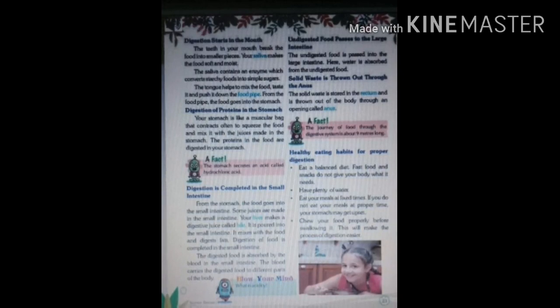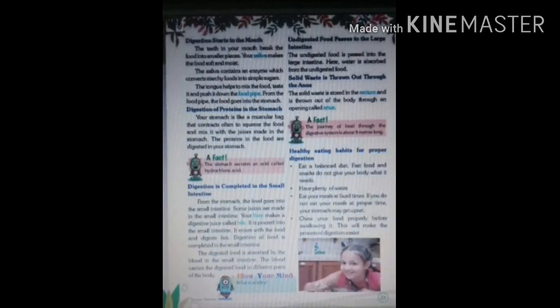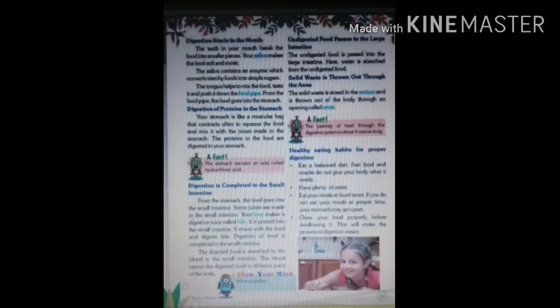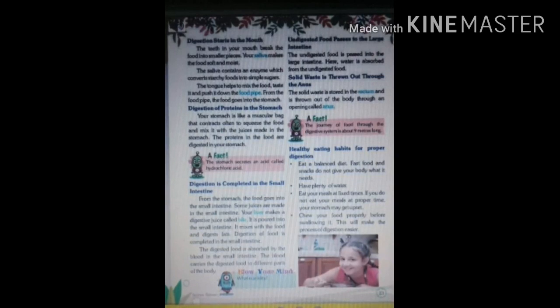Now all this is done for the digestion of food. Now what happens to the undigested food? The undigested food passes into the large intestine. Here water is absorbed from the undigested food.